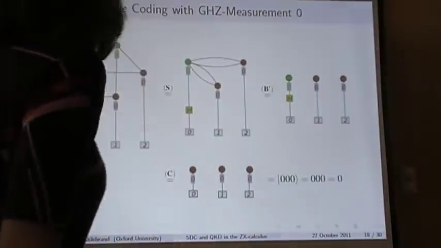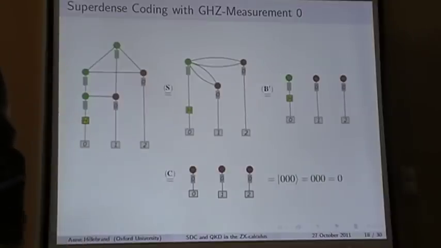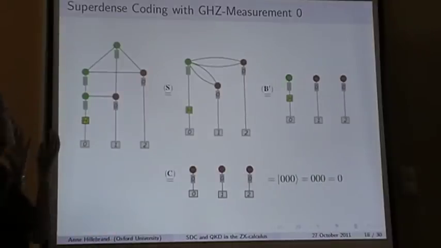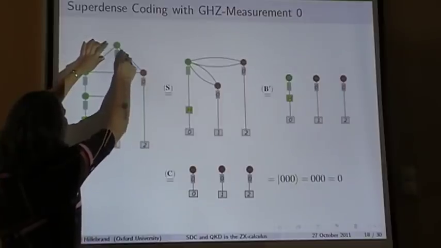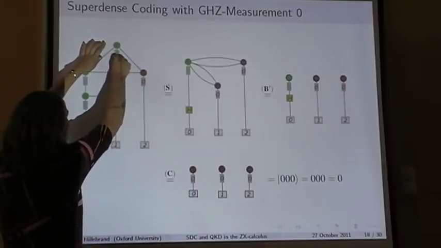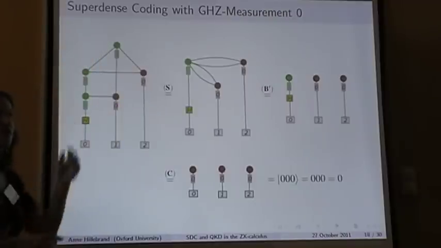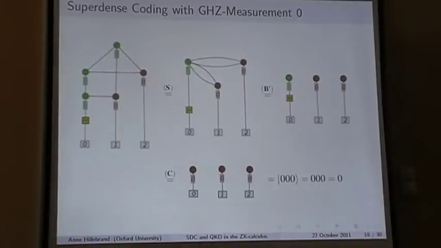What I did later on is, one of those GHZ states, you can model that as having a red dot here, a red and a green dot here, and a red dot here, and just give them a variable that is either 0 or pi. And it turns out that you can still apply most of the rules with that, because all the rules apply to either 0 or pi. So you can do this a lot quicker than I've done it now.